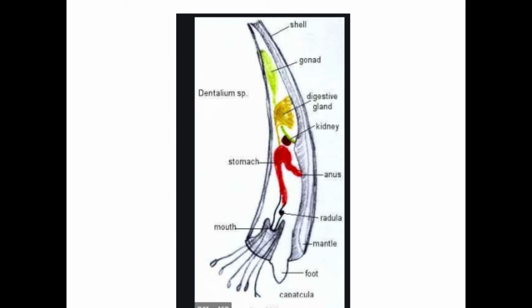Then the body is divisible into a reduced head, conical foot as well as visceral mass. A head is there, this is the foot region and visceral mass.